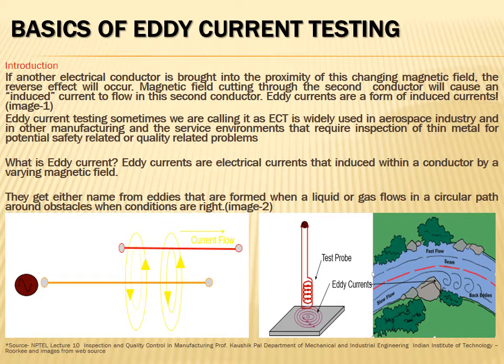They get their name from eddies that are formed when a liquid or gas flows in a circular path around obstacles when conditions are right, with the help of the arrows in that second image, where we saw the eddies.